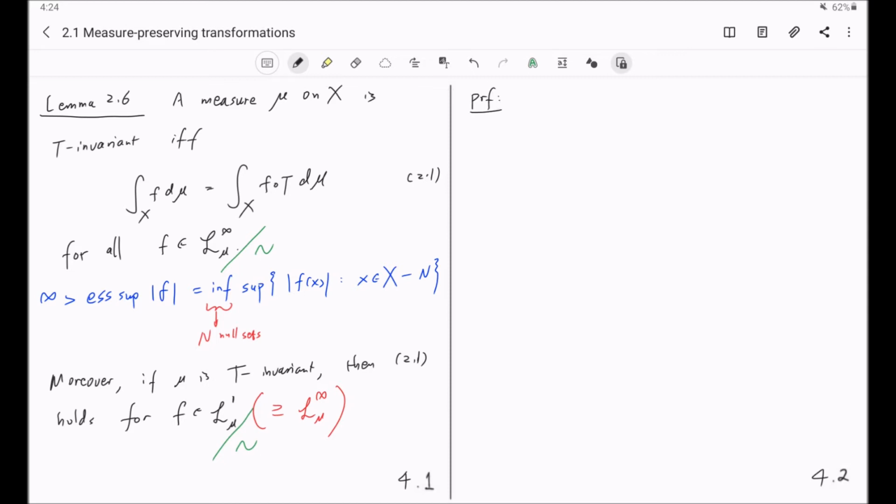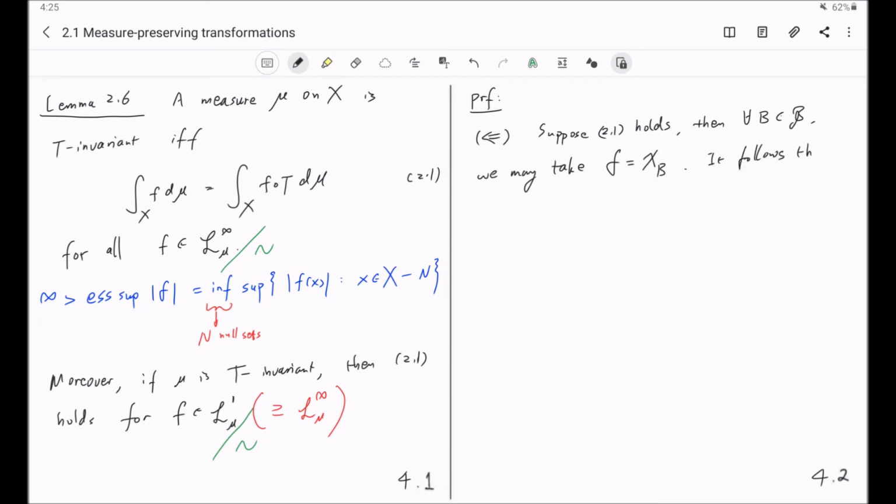Proof is not hard. First of all, we prove this direction. Suppose 2.1 holds. Then, for any measurable set b, we may take f equals chi sub b, which is the indicator function of b.